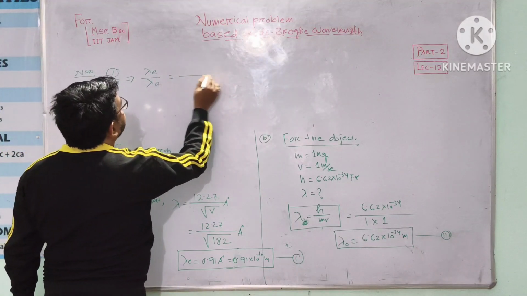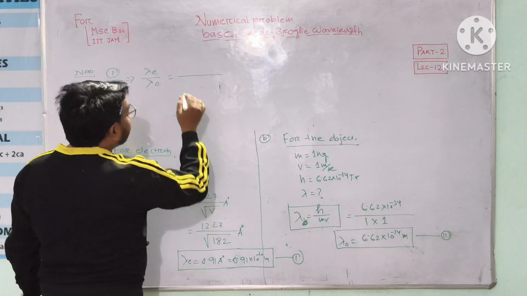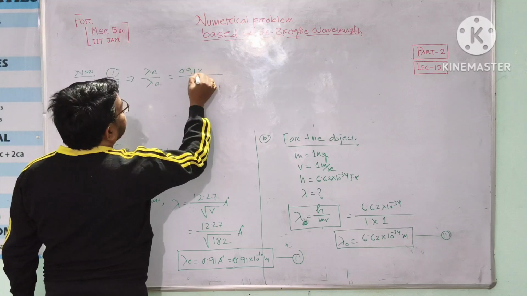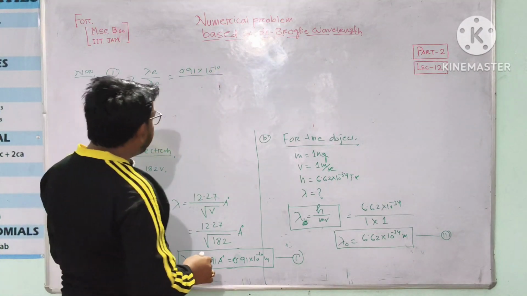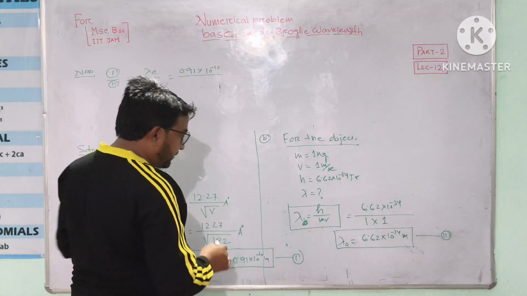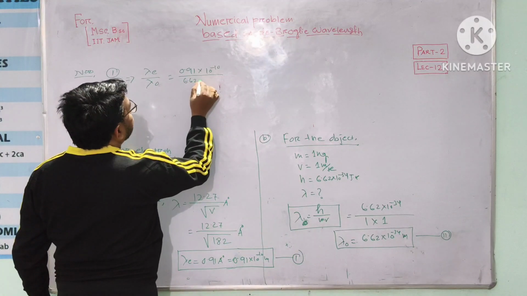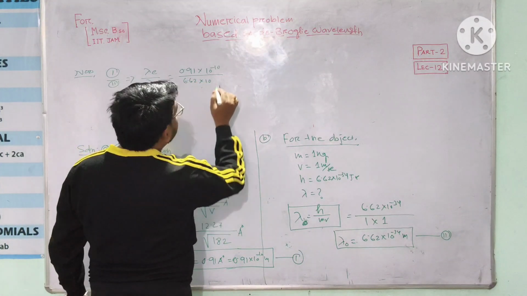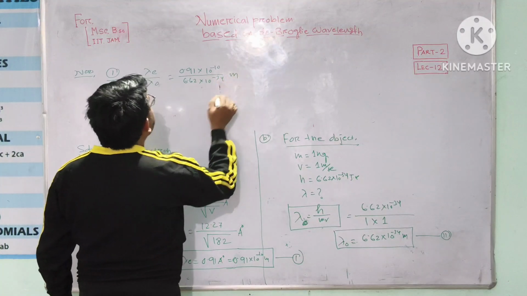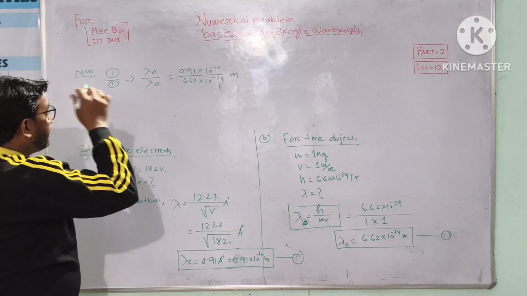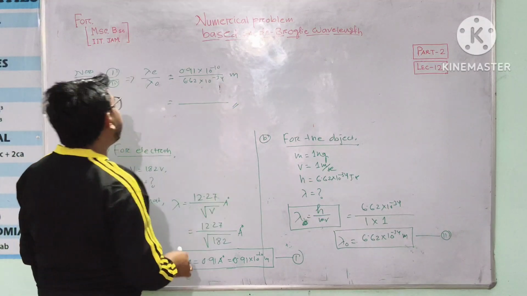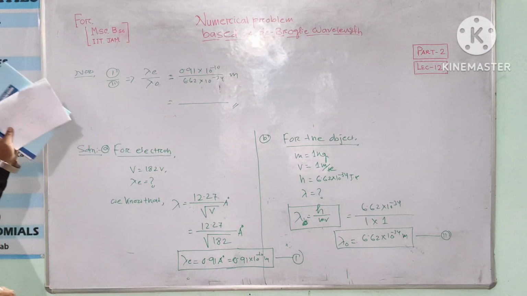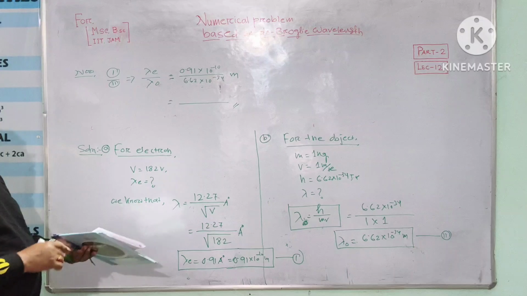The value of lambda E equals 0.91 into 10 to the power minus 10, and lambda O equals 6.62 into 10 to the power minus 34 meter. After solving this part, we will get the result. This is our required comparison between electron and object.